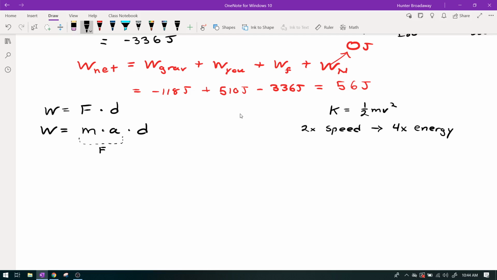Okay, so keep in mind that this kinetic energy is related to the velocity squared, and since it's related to the velocity squared, you're going to increase your energy a lot by just doubling the speed. So there is a relationship that we have to consider there that is quadratic in nature and not linear in nature. Human brains love linear thinking.